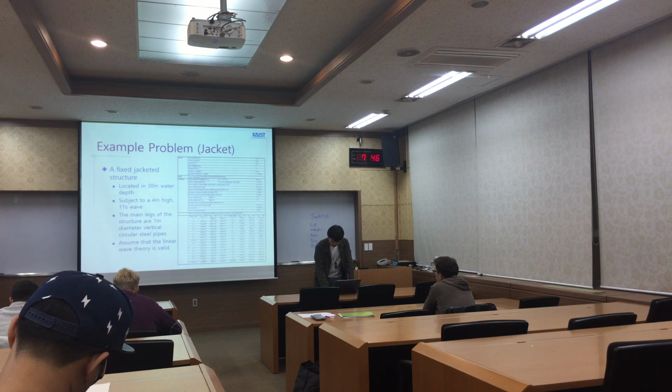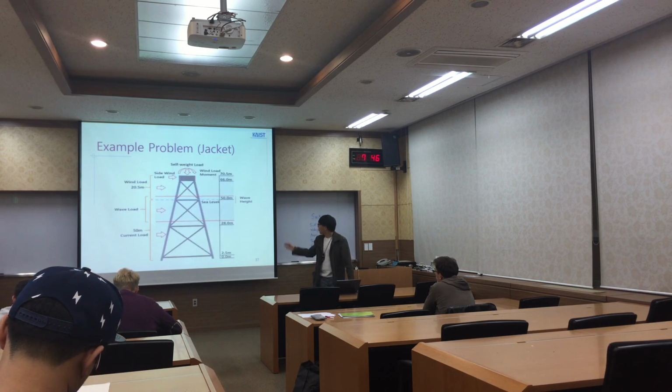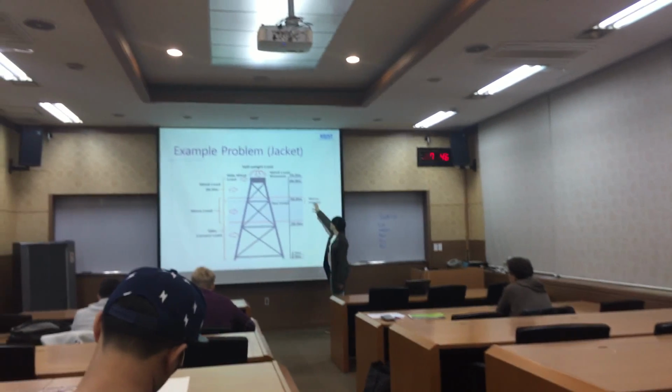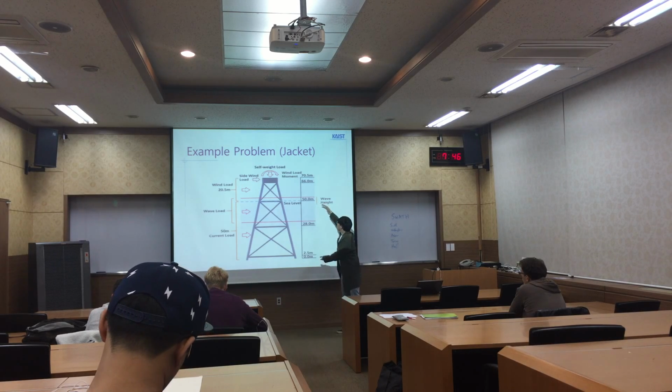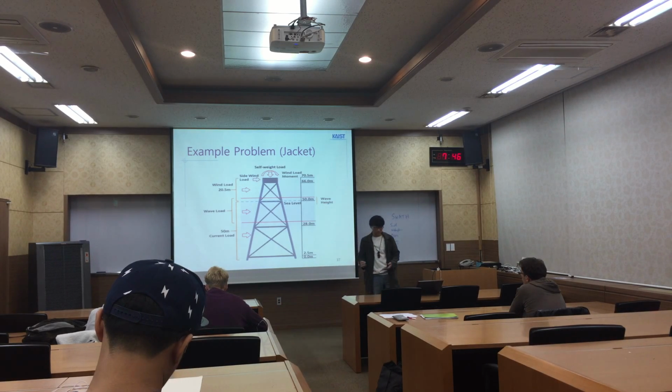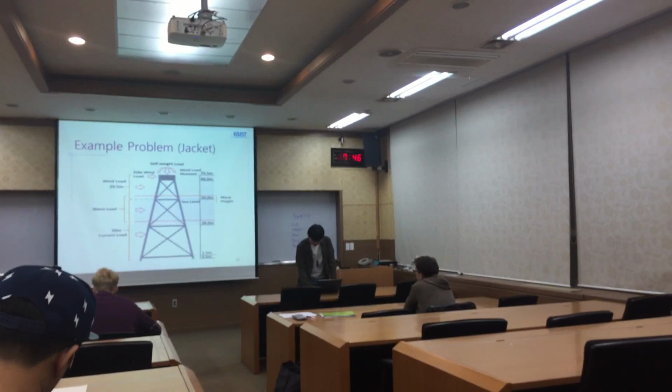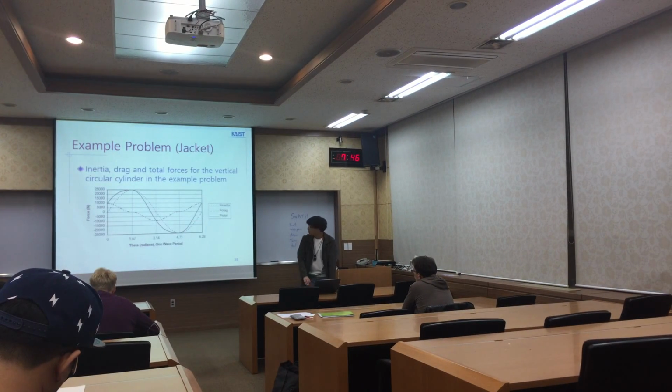We can refer to this picture. This is wave height and sea level. This much is depth. So we can figure out inertia, drag and total force in this picture.